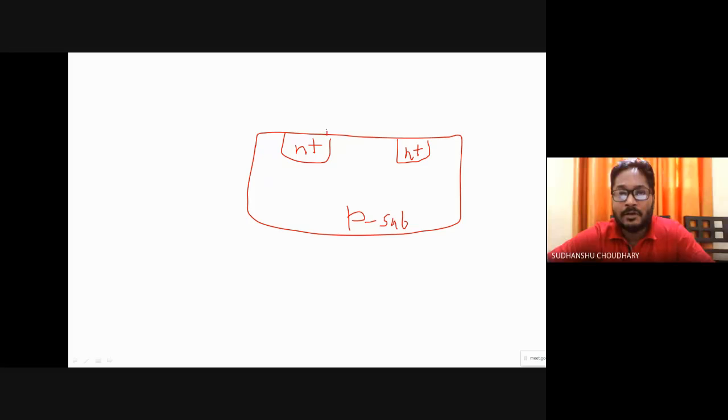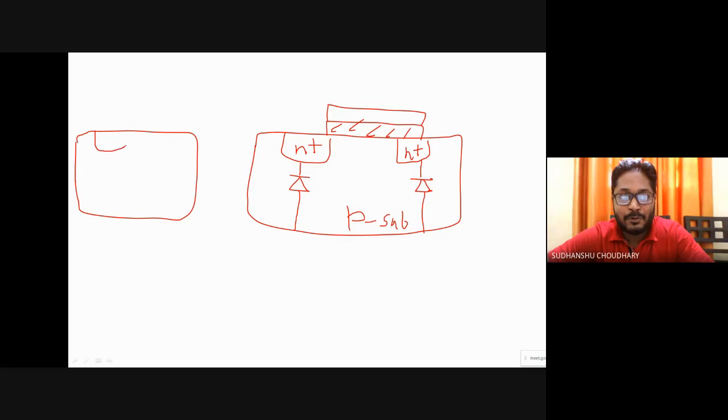So in the NMOS, I have the drain and source, N plus diffusion regions. Now between these N and P regions, you will find that this actually represents a parasitic diode. We don't want this diode to be present there, but the process itself defines the origin of these parasitic diodes. Similarly, in the PMOS also I have these parasitic diodes.